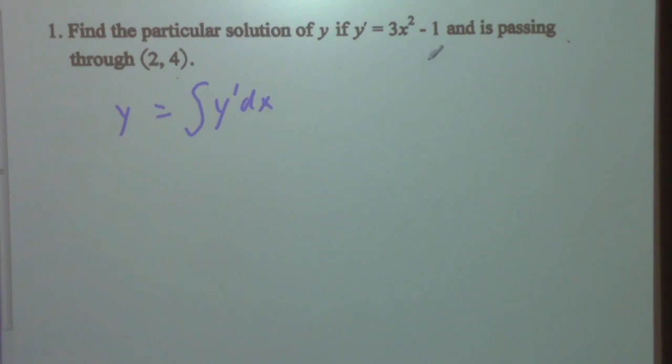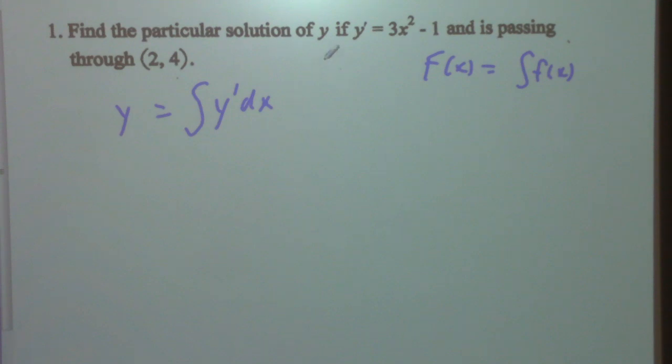Remember, we had big F of x equal to the integral of small f of x, so this is a similar pattern. After we take the integral, we're going to have plus c at the end of it.